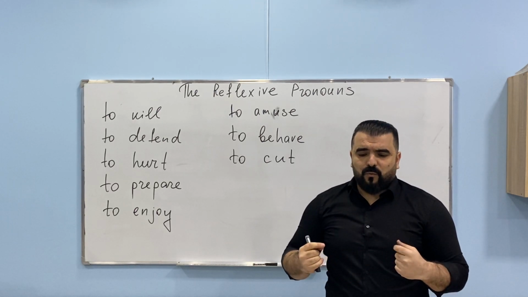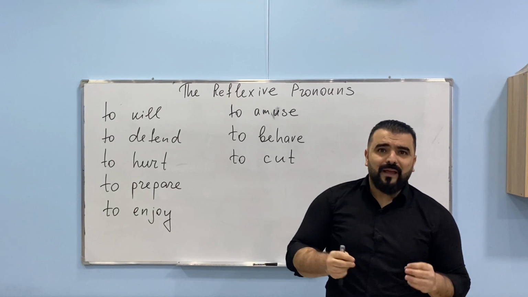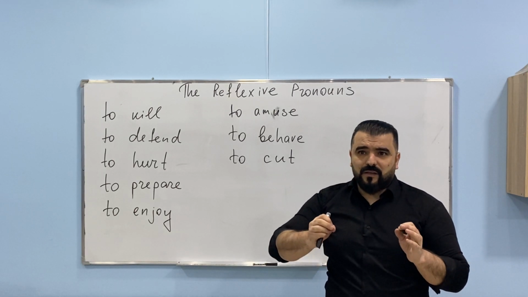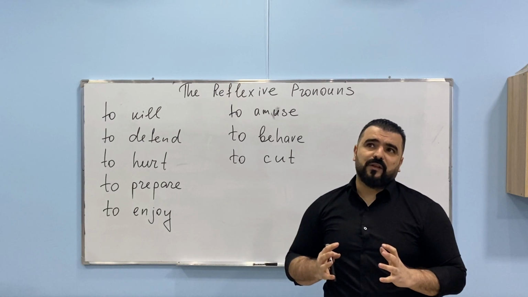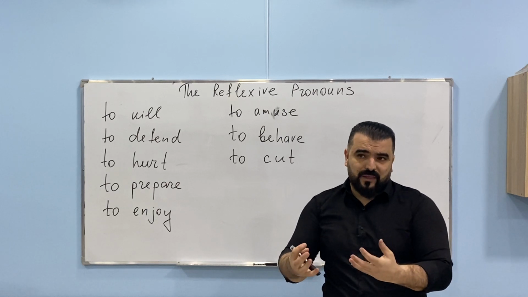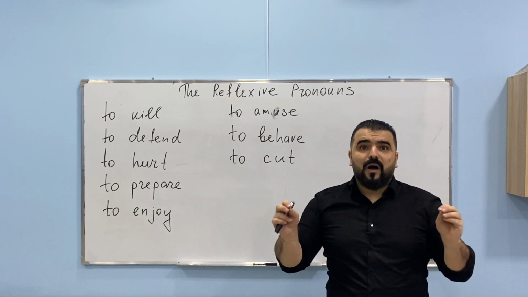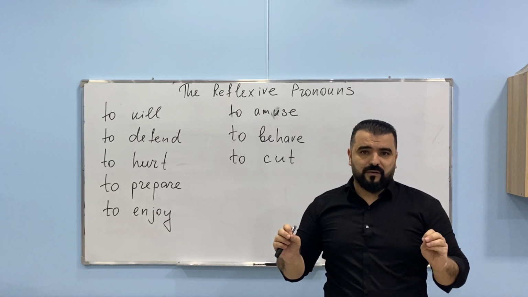And what is the role of the reflexive pronouns? As I stated before, in this situation, we use the reflexive pronoun to indicate that the subject and the object are the same person.